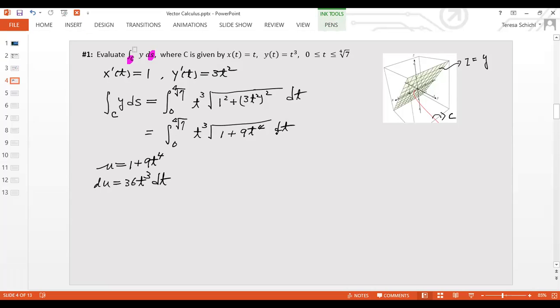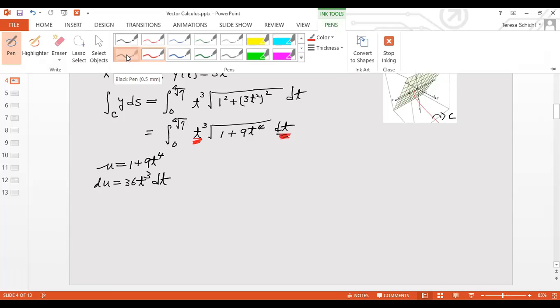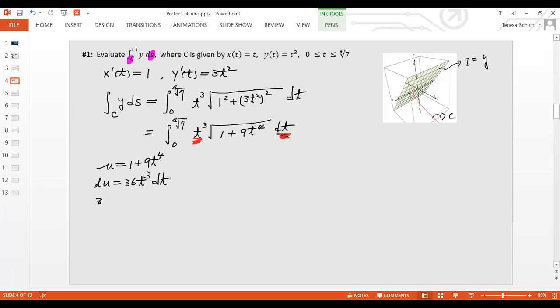Because here we only have t cubed dt, I can do this. So this is t cubed dt by the u-sub, so I need to adjust this one, divided by 36.